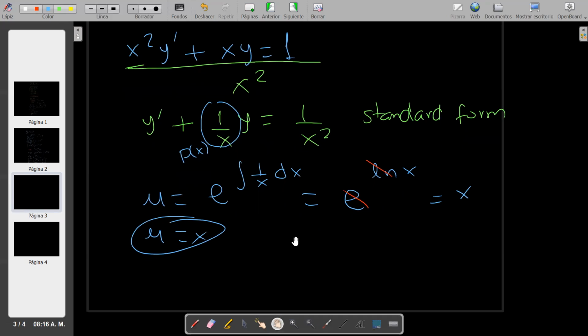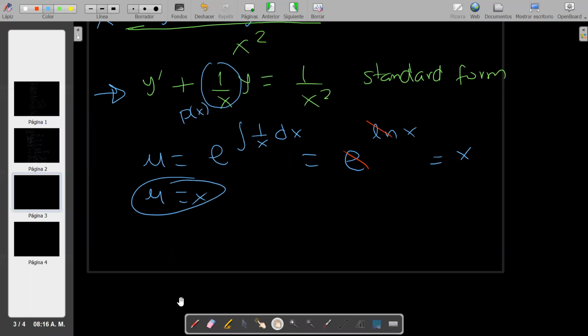Now we multiply this equation, not this one, the standard form. We multiply both sides of the standard form by our integrating factor. And that will be 1 over x, I think. Is that correct? Yes, I think so.